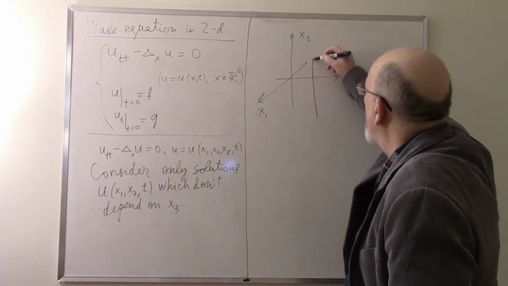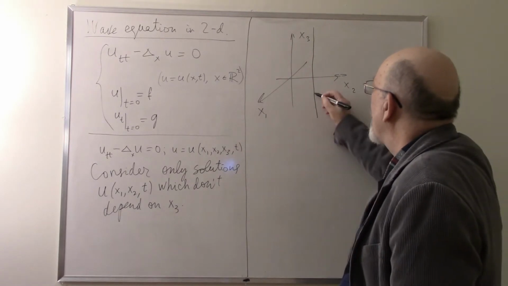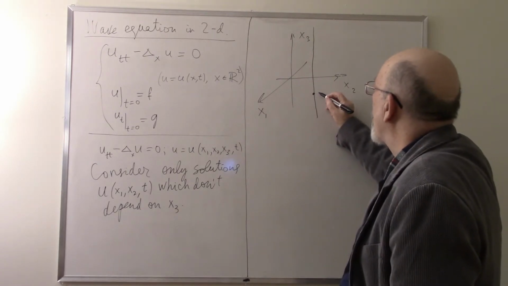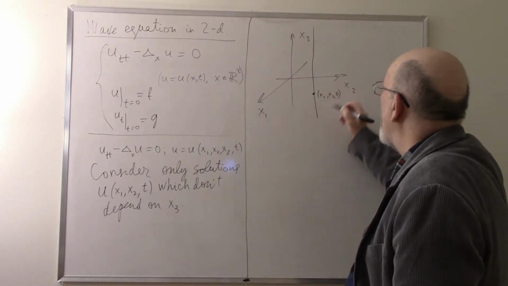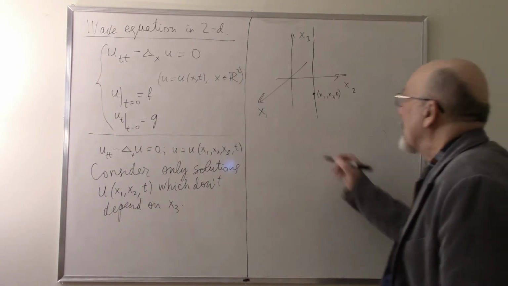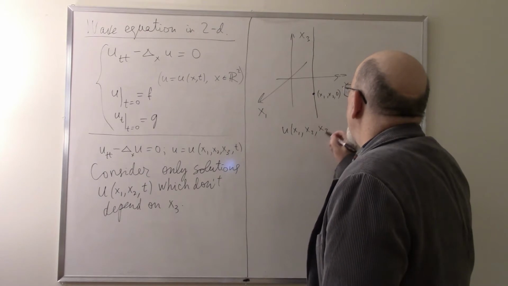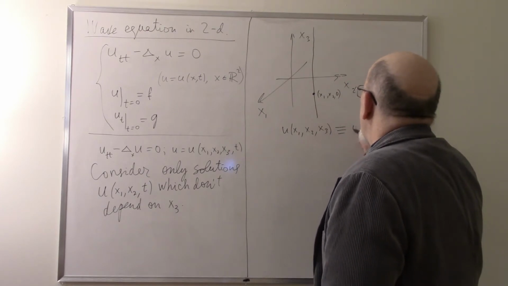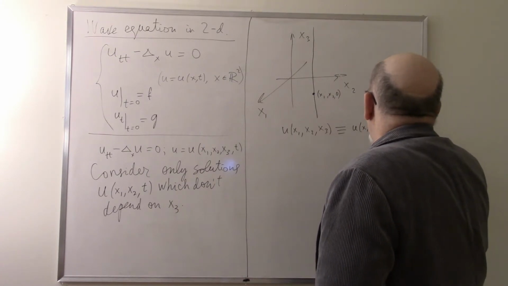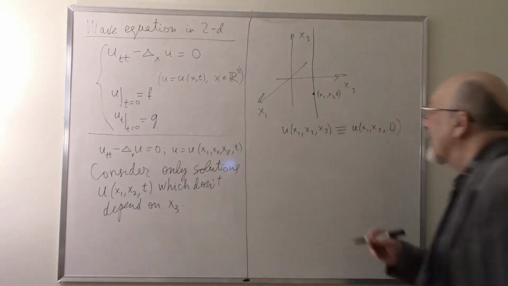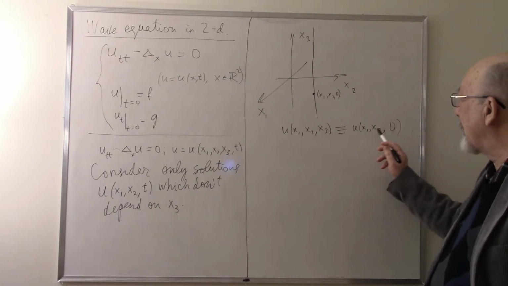But if you draw a vertical line, parallel to the x3 axis, going through the point x1, x2, say 0, then u of x1, x2, x3 equals u of x1, x2, 0. Essentially it depends only on x1 and x2.